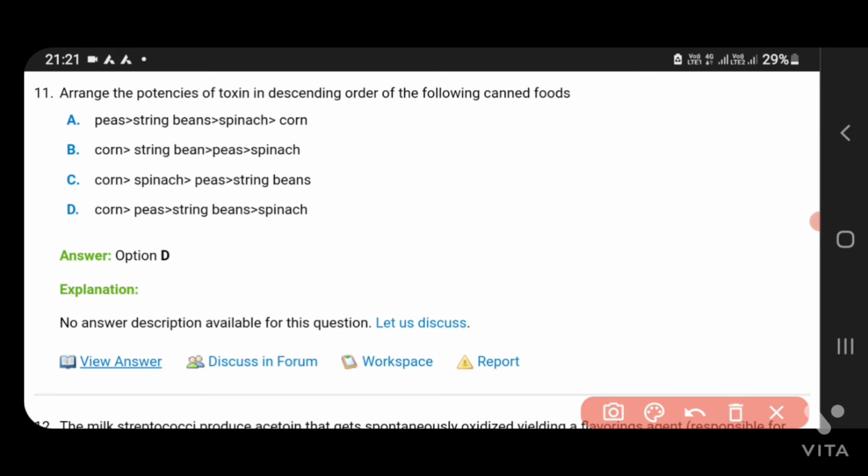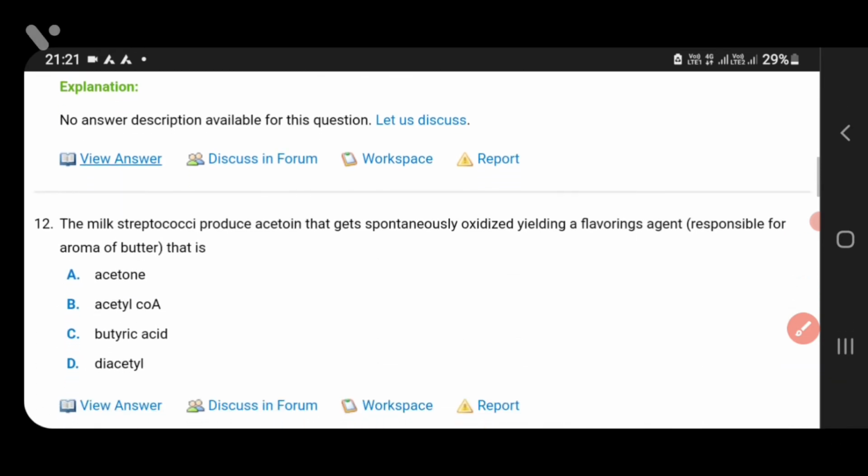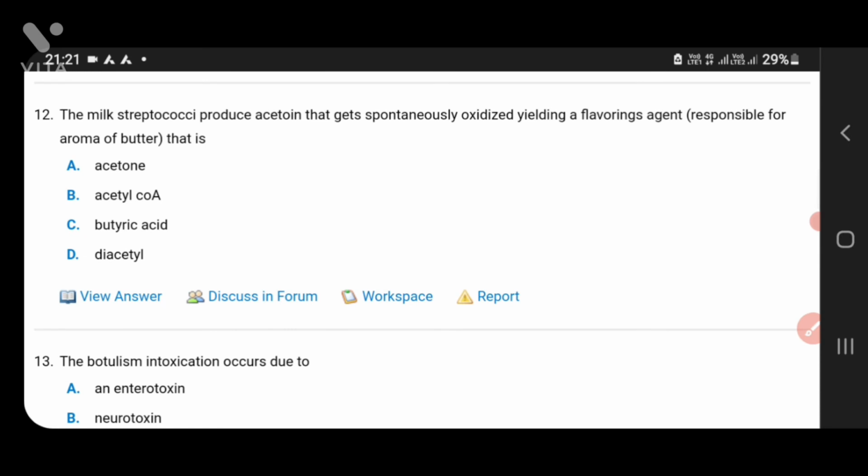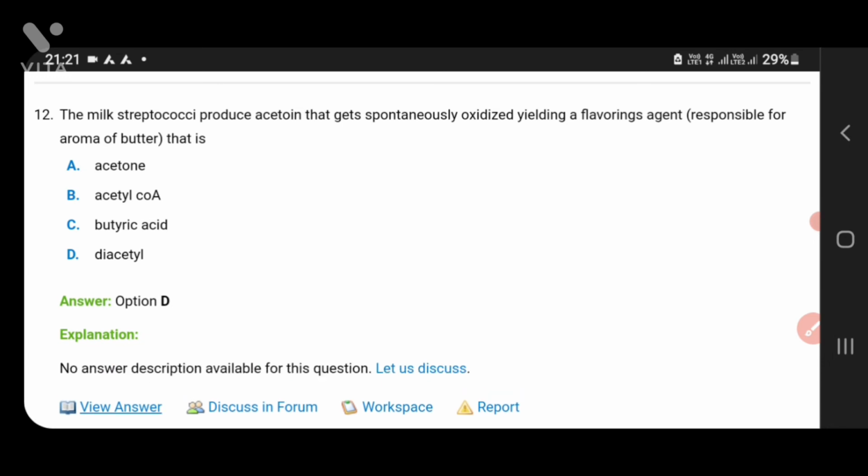Then next question. The milk streptococci produce acetoin that gets spontaneously oxidized, yielding a flavoring agent responsible for the aroma of butter, that is what? It is diacetyl. This gives an aroma, a flavoring agent which gives the feeling of the presence of butter. You will feel that butter is present.